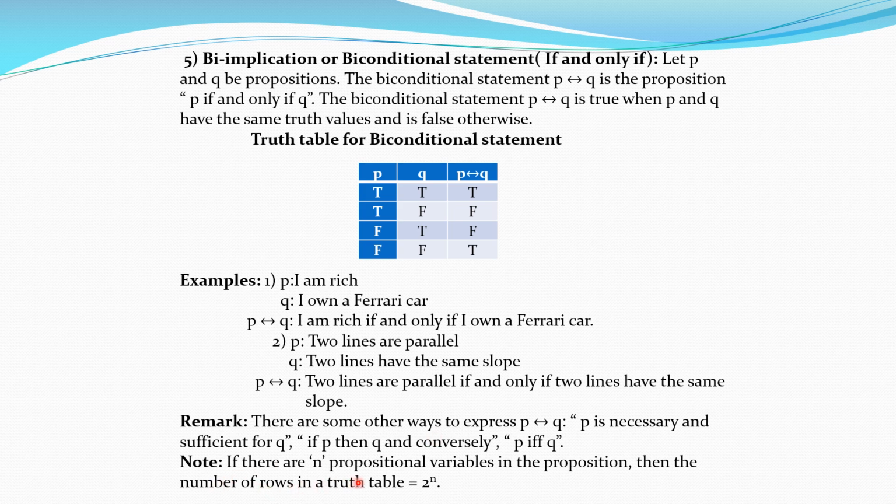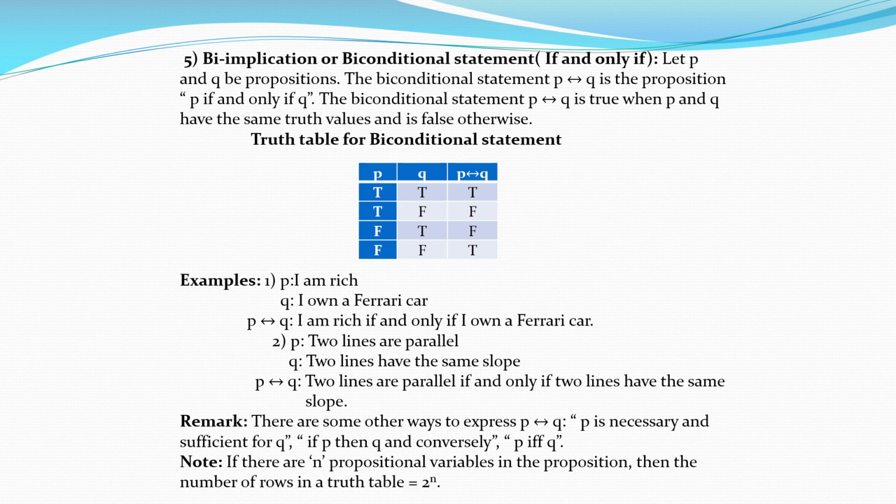Now see this note, if there are n propositional variables in the proposition, then the number of rows in a truth table is equal to 2 to the power n. So if there are two variables in the proposition, then number of rows in the truth table is 2 squared, that is 4, like that. Now we have seen 5 truth tables.